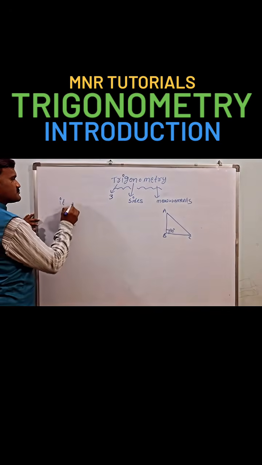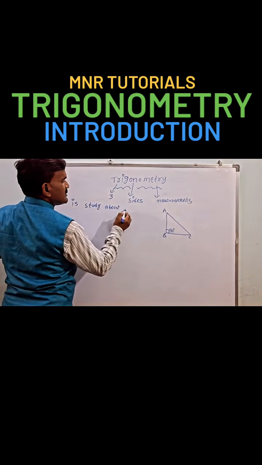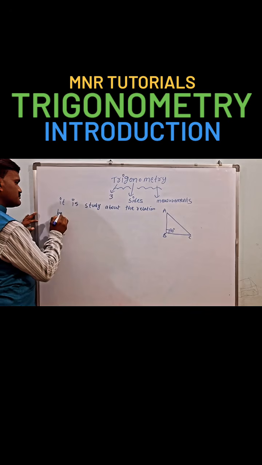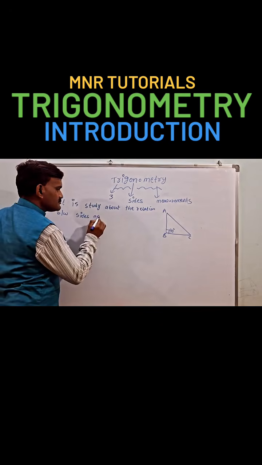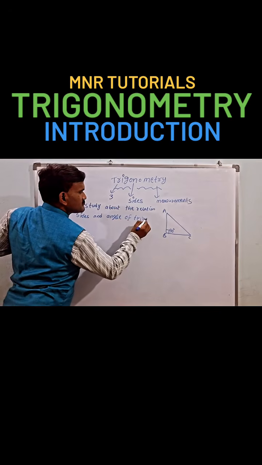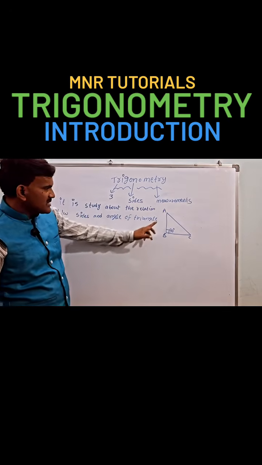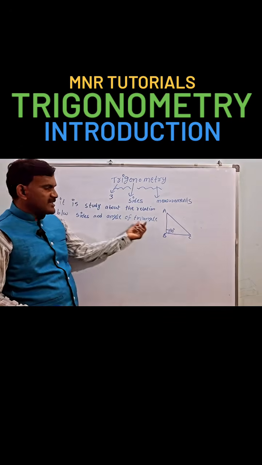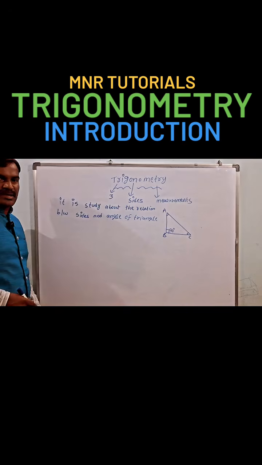Here we study the sides AB, BC, AC, and the angles of the triangle: angle A, angle B, angle C. That is called the angles of the triangle.